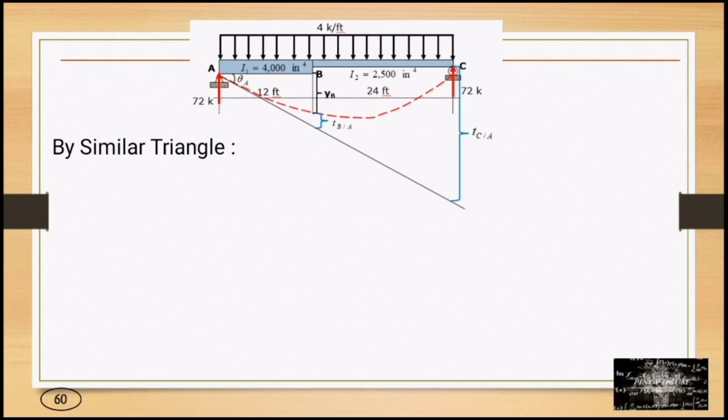So by similar triangle, YB plus TBA over 12 feet is equal to TCA over 36 feet. Substitute the values of TBA and TCA.